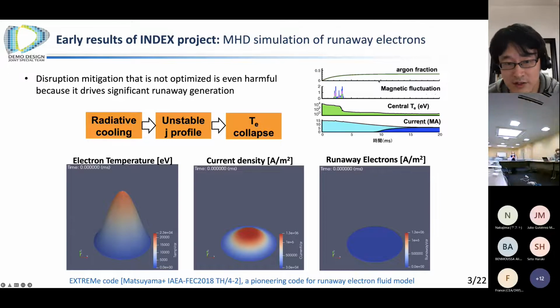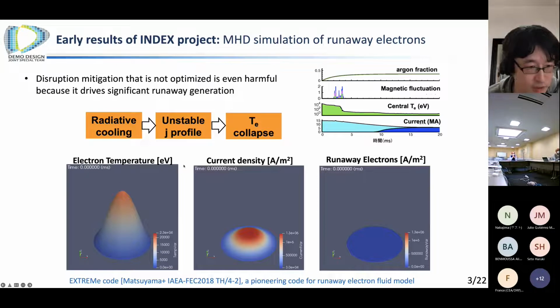This example shows the simulation of a radiation-driven disruption by introducing a lot of argon into the plasma. This triggers magnetic perturbation associated with the current profile change, and this leads to the thermal collapse. Finally, the current quench leads to significant generation of runaway electrons.